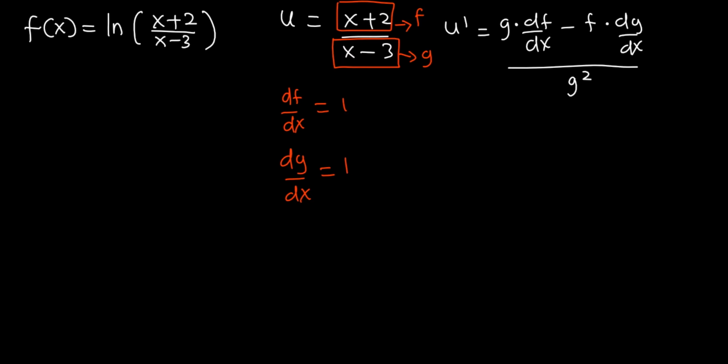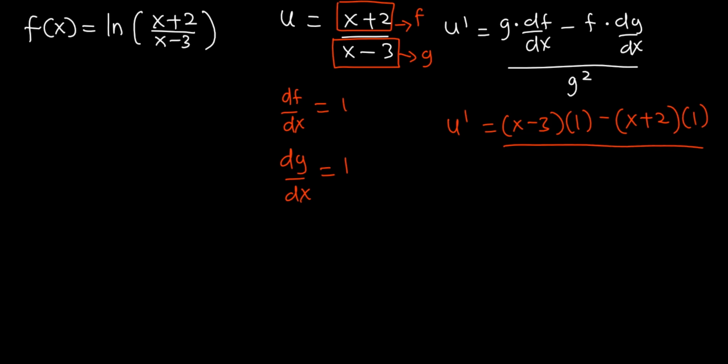So let's do the substitution here. You're going to have u prime equal to g, and g is x minus 3, times df dx, that's 1, minus f, which is x plus 2, multiplying dg dx, and that's also 1. So all this divided by g squared, which is x minus 3 squared. Now let's simplify this.